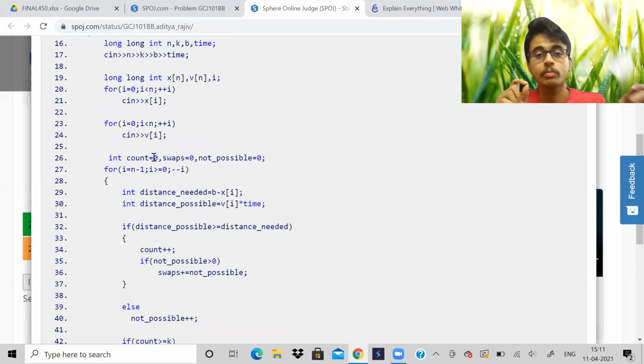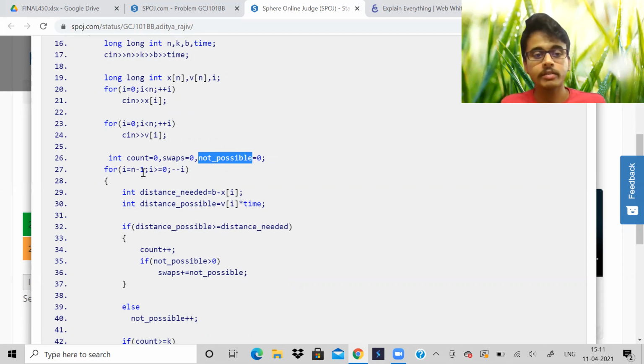Swap represents how many times we have to interchange a slower chick with a faster chick, so that a faster chick can reach the barn. We have to swap those two. And what is not possible? Not possible keeps the count of how many chicks can never reach the barn.